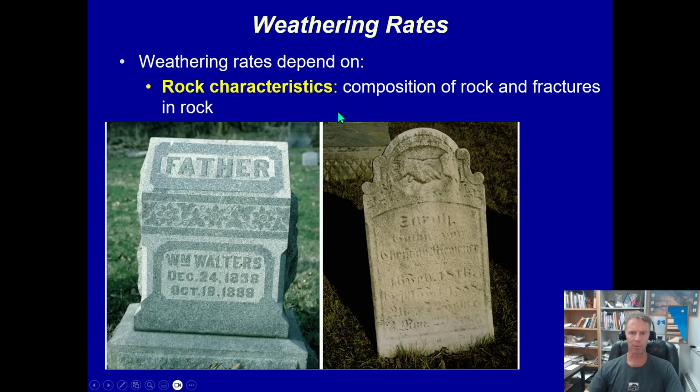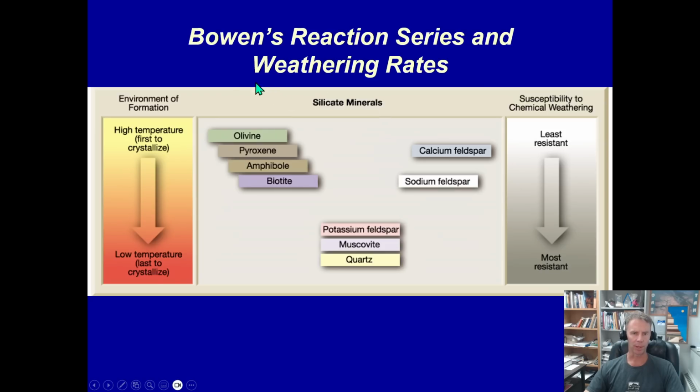So the type of rock that we see will greatly impact how quickly weathering takes place. Some rocks are very resistant to weathering, some are much more susceptible to weathering. You might remember Bowen's reaction series. We studied this in looking at igneous rocks and the order in which minerals crystallize from magma, but this fun little graphic here also has some implications to weathering.